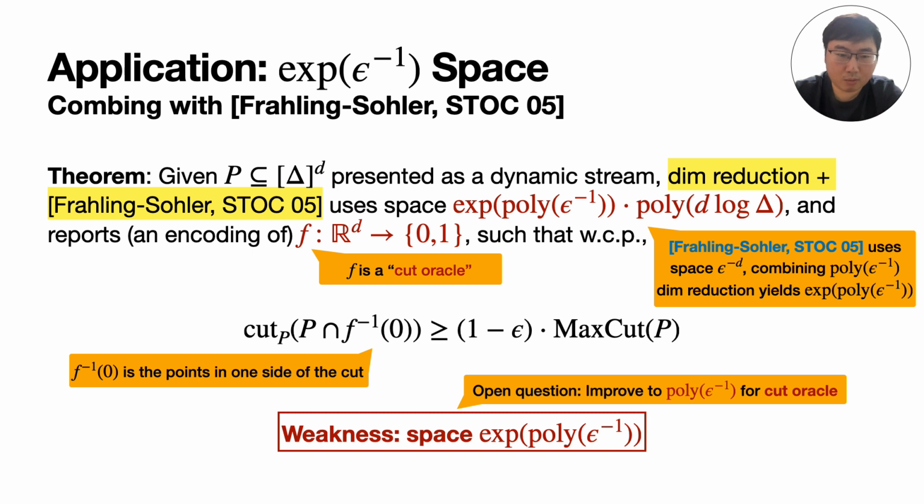But what is stronger is the guarantee. And this comes from the low-dimensional max cut algorithm. In this algorithm, it actually returns a cut oracle f, which tells us whether a given data point should be put in the subset S or not. It is an interesting open question to improve the space complexity of this cut oracle to poly 1 over epsilon.